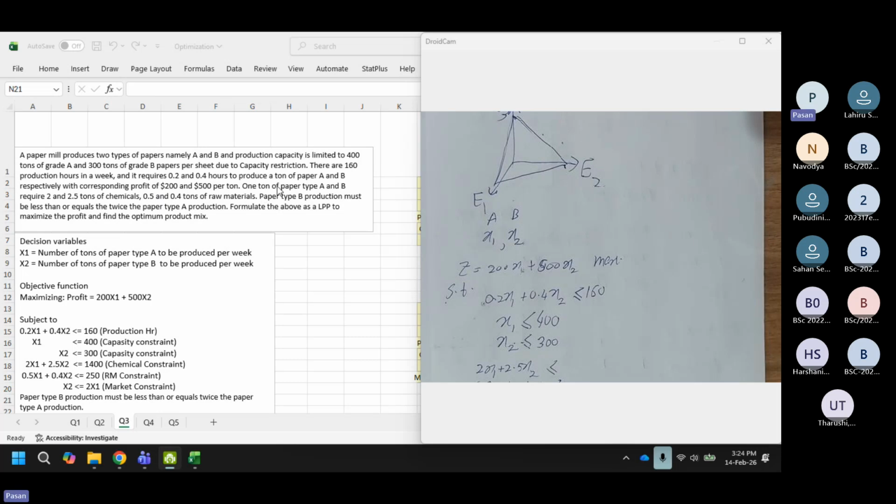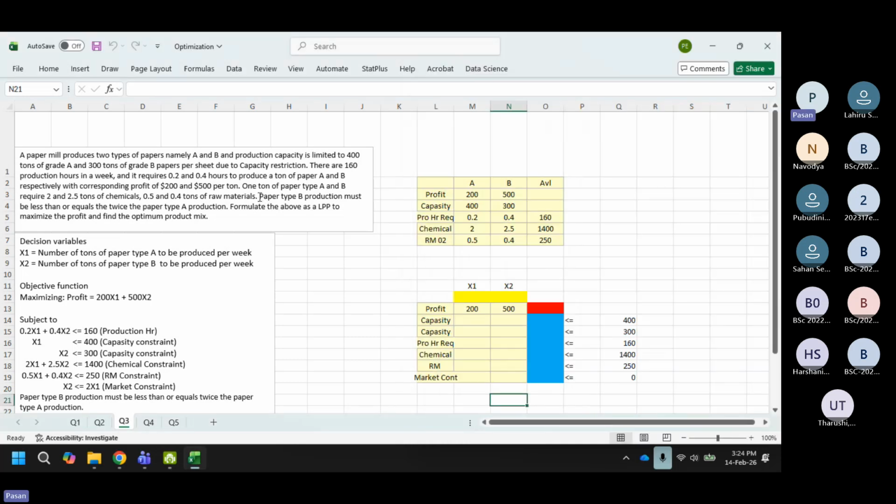So that's the type of mistake here. Basically in here I need to add that the maximum chemical availability is 1400, and the maximum raw material availability is 250.